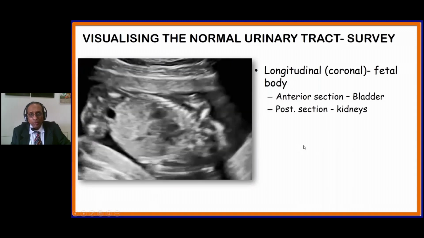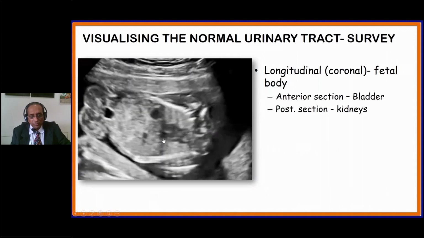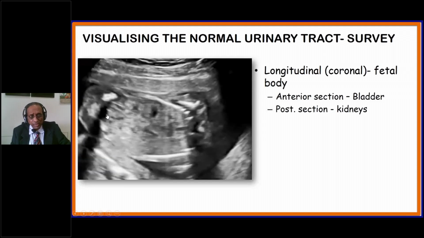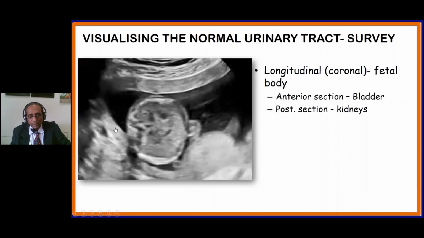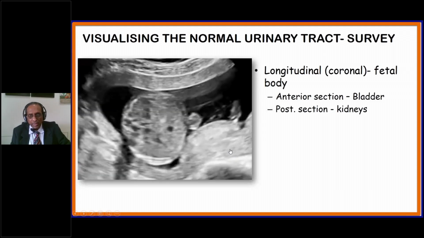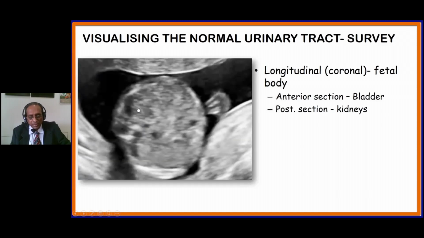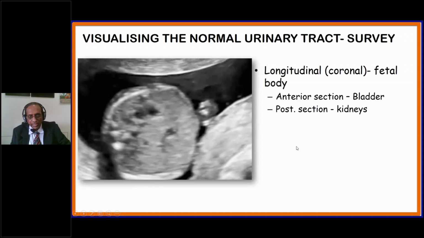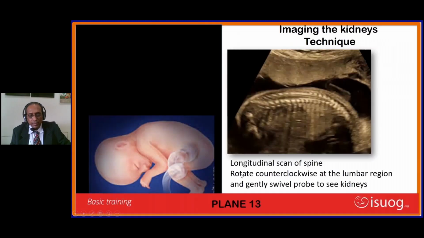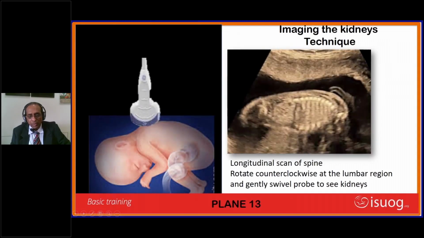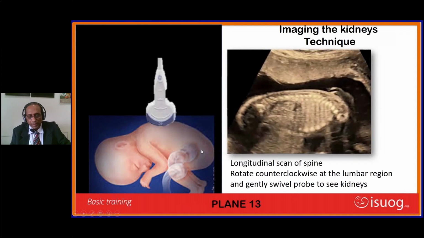Now visualizing the normal urinary tract is done by a longitudinal scan to first ensure that the bladder is present, and then we take the posterior section and also a transverse section to visualize both the kidneys. The technique of imaging is to use the probe longitudinally at the back of the spine.